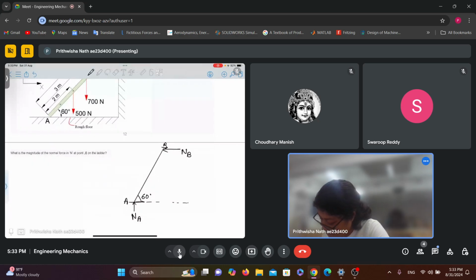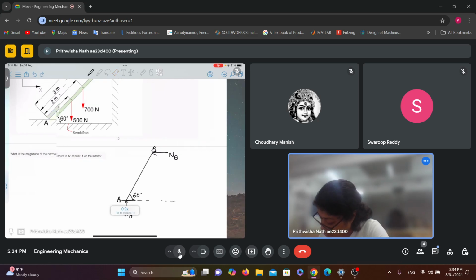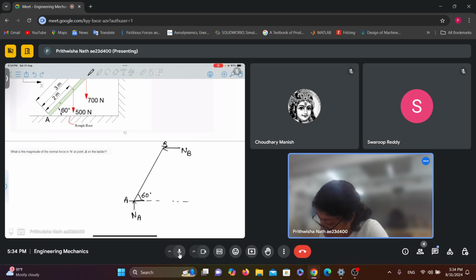This direction, right? This is the direction of frictional force, right?